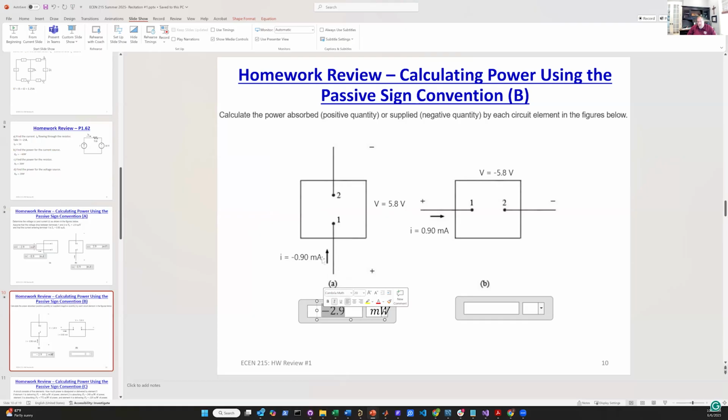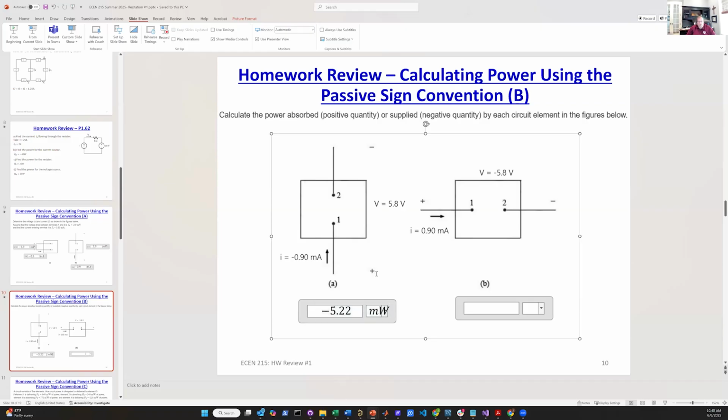So if this was a positive current, then this would be positive watts, but it's not, because of this sign convention with the arrow going in positive. So it's going to be a negative power just by the default. So it's going to be 5.8 times minus 0.9. We end up with minus 5.22 milliwatts.